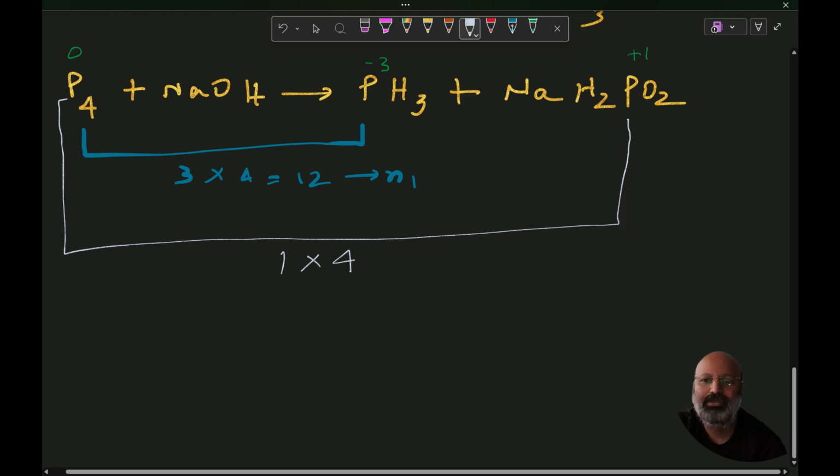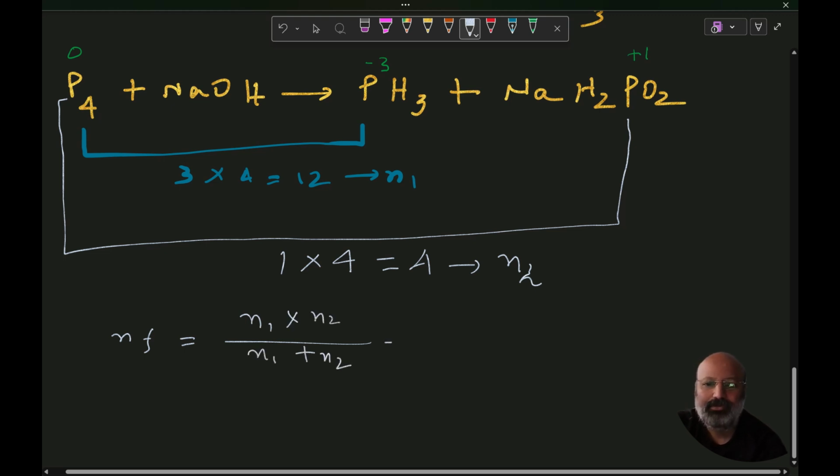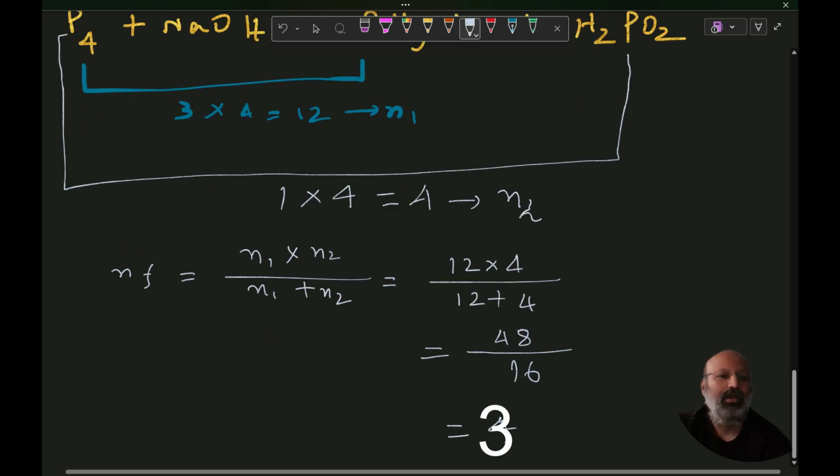For 4 atoms, it will be 4. Okay. That is nothing but your N2. So N factor is coming out to be N1 into N2 divided by N1 plus N2. So it is coming out to be 12 into 4 divided by 12 plus 4. So I hope you have understood how to calculate n factor for disproportionation reaction.